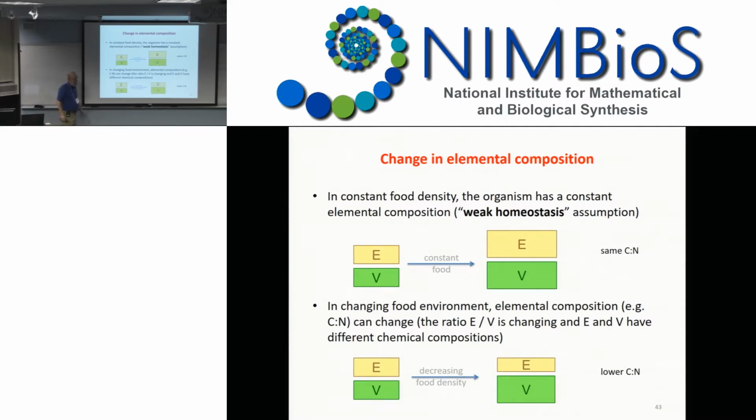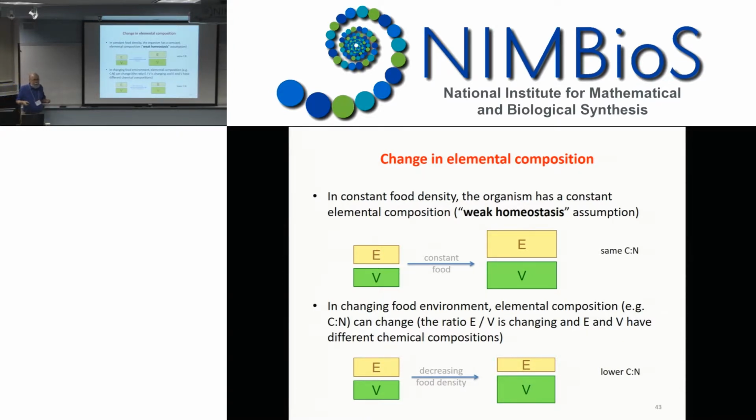For example, loosely speaking, if we imagine that there is more carbon in reserve and more nitrogen in structure, if we're thinking protein, that the structure has a higher proportion of protein, then reducing the reserve ratio gives you a change in C to N, as illustrated here.